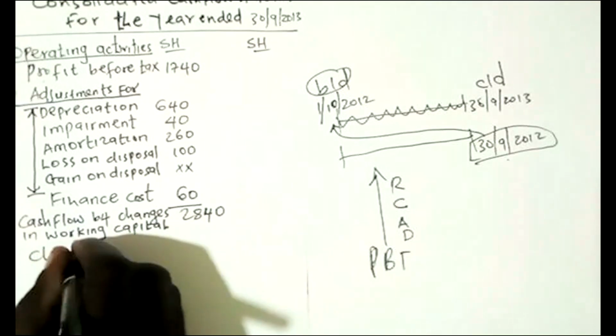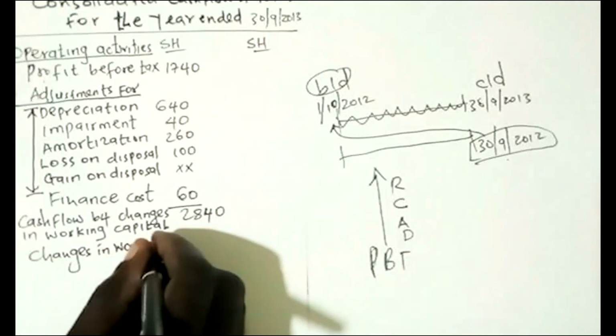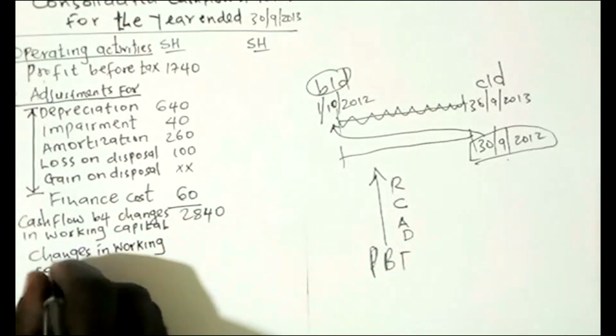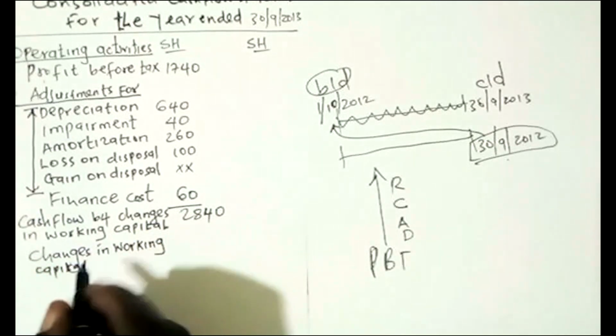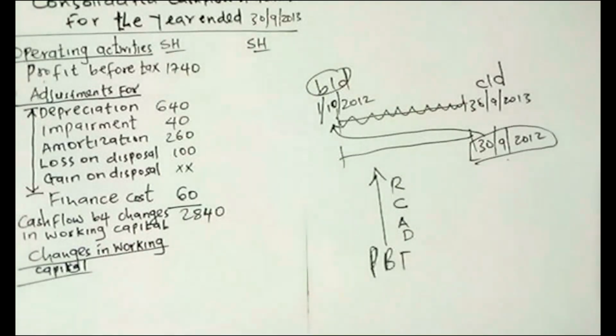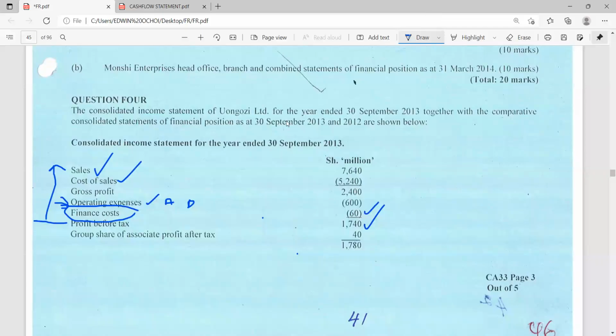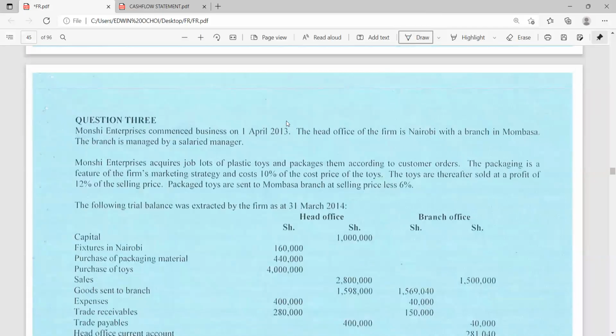The changes in working capital. So for the changes in working capital, you check current assets or current liabilities. So for the current assets, we talked about inventory and receivables.